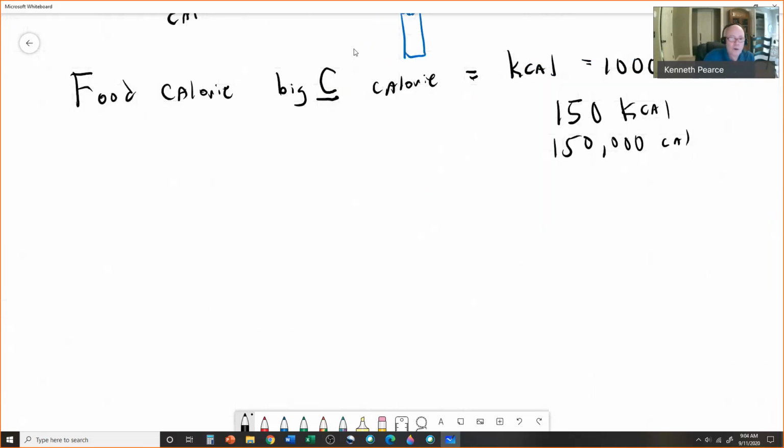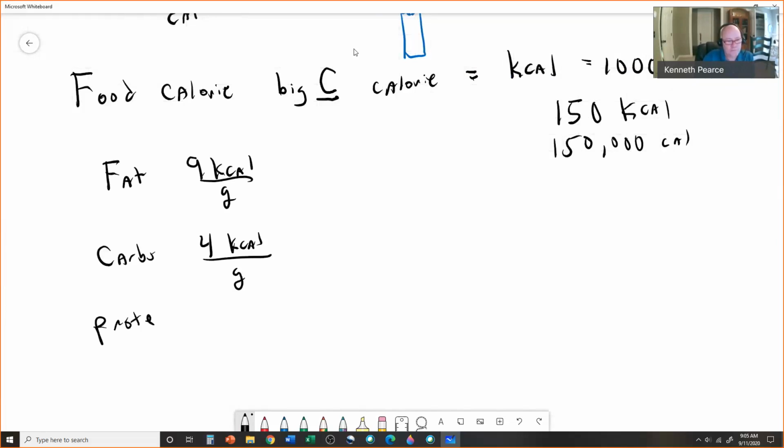The values that we have are that fat is 9 kilocalories per gram, carbs are 4 kilocalories per gram, and protein is also 4 kcals per gram. And so if you know how many grams you have, you just multiply it times the kcals, and then you add them up.